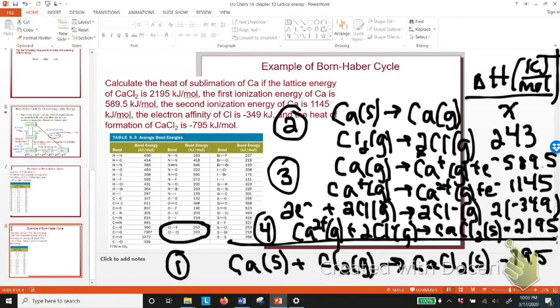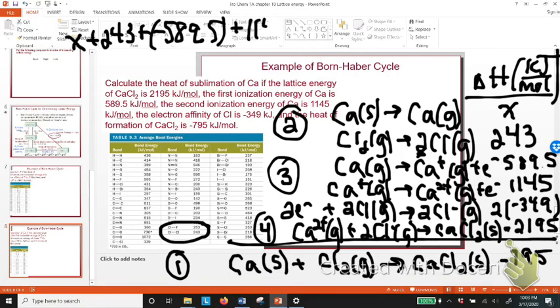So our last step is we need to add all of our values up, and they should equal the heat of formation value. So we're going to add up... So bear with me while I write all this down.